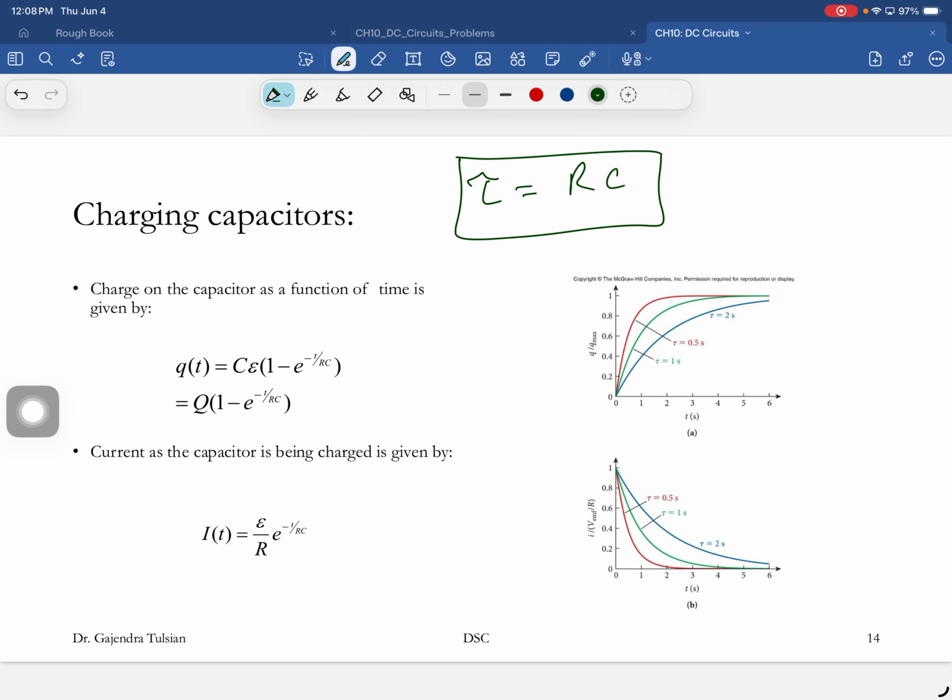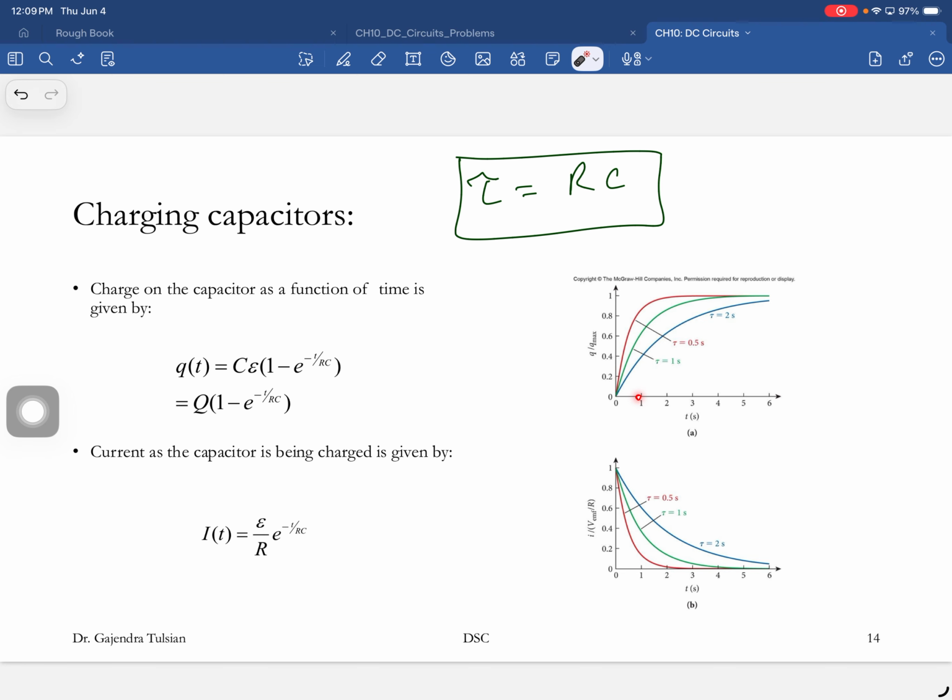You guys might have heard of an RC circuit, and that's where the name comes from. A resistor and a capacitor in the circuit. Okay? The greater the resistance in the circuit, the slower it'll charge. And after one time constant, after t equal to RC, the capacitor will have charged to 65% of its value.